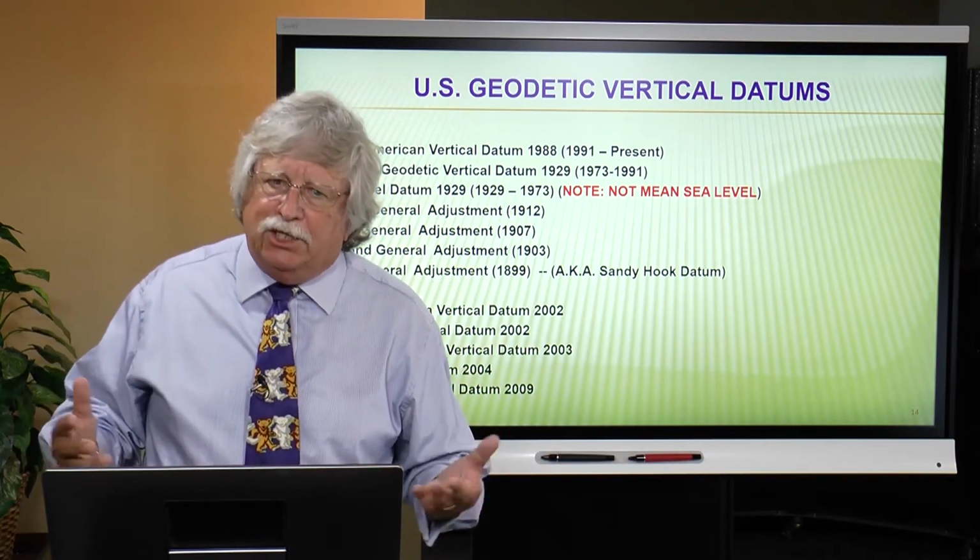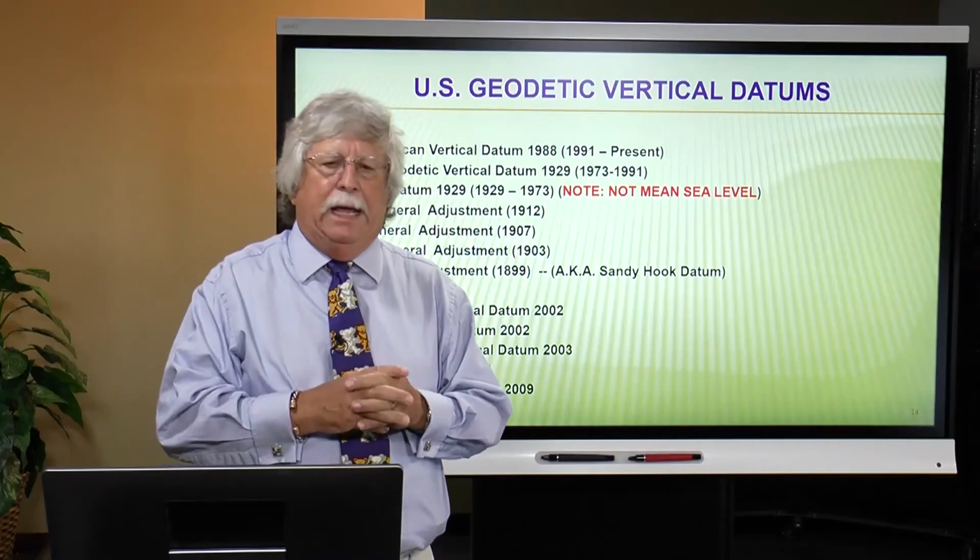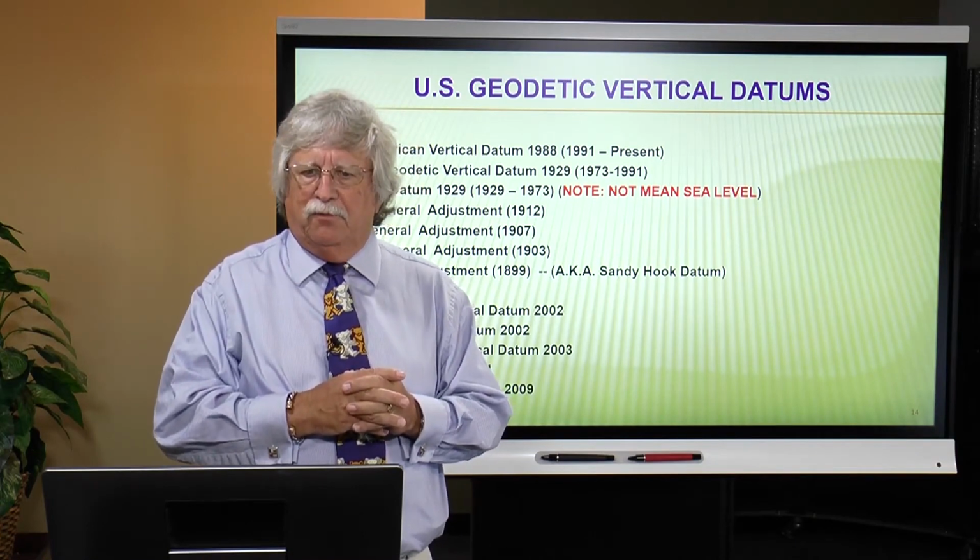The change in heights comes about from a reprocessing of all of the vertical data, all of the height differencing in the United States by the National Geodetic Survey, now as the North American Vertical Datum of 1988, and it was officially adopted in 1991, and it is the datum for the lower 48 and Alaska up to this point in time.